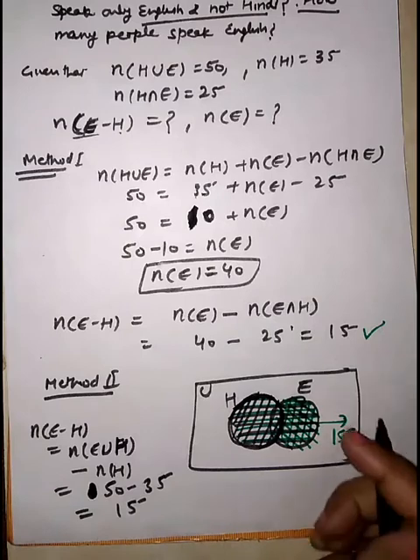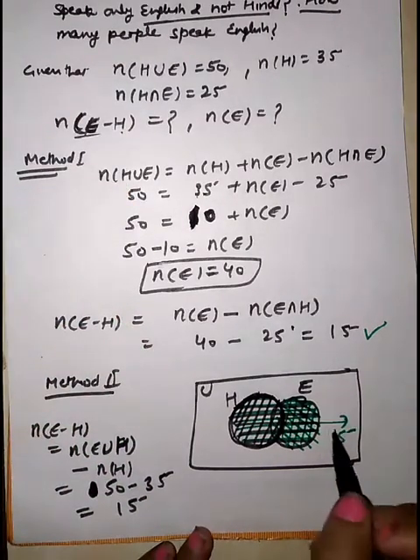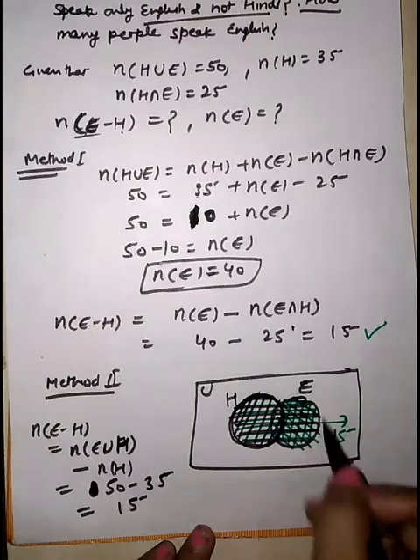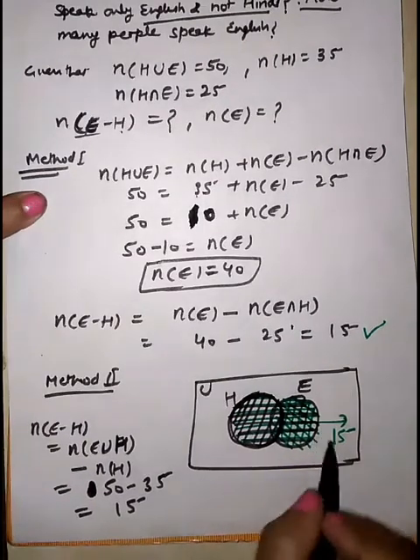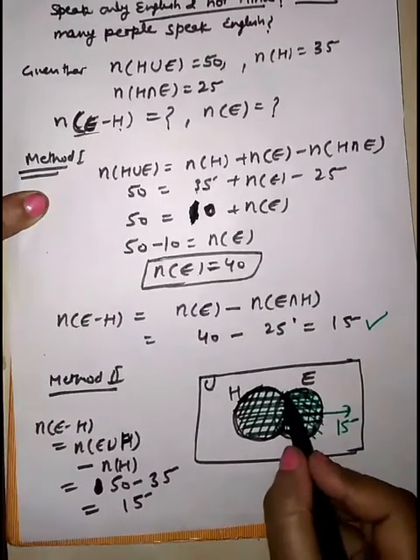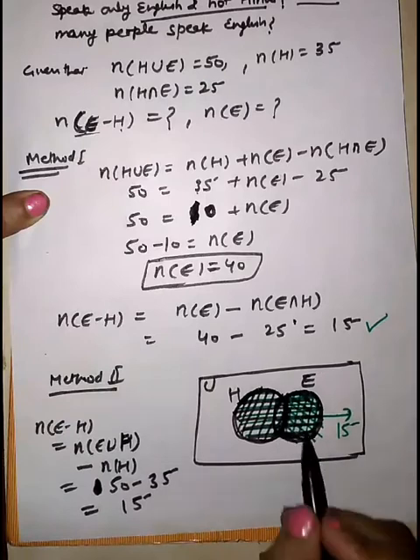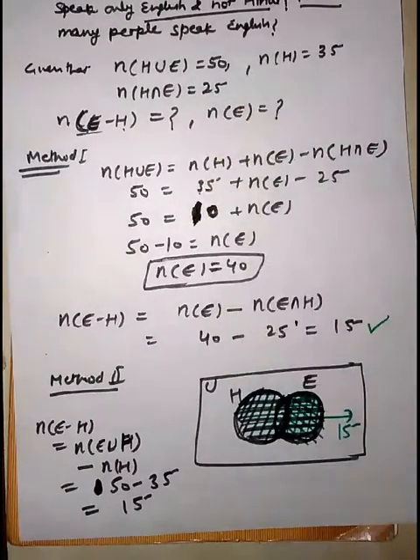Now you have to find the total n(A). Friends, here you see this part shows 15, and this intersection part is given as 25.